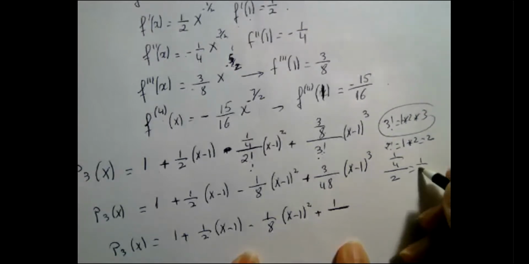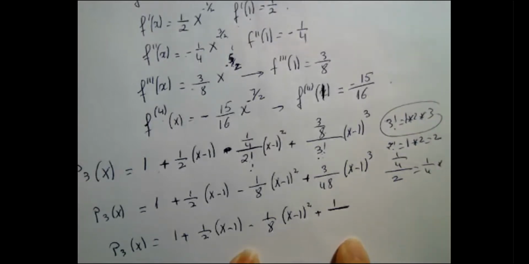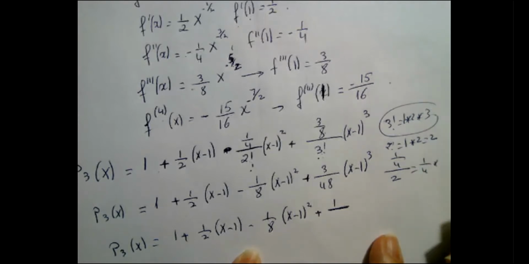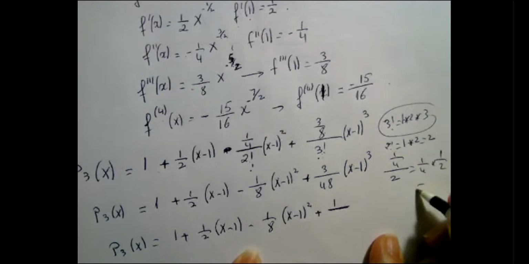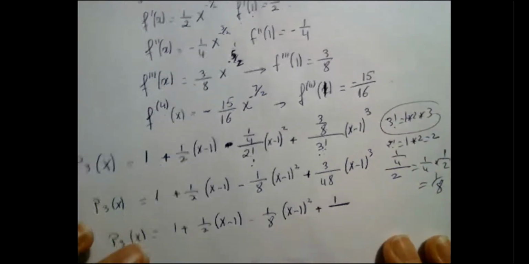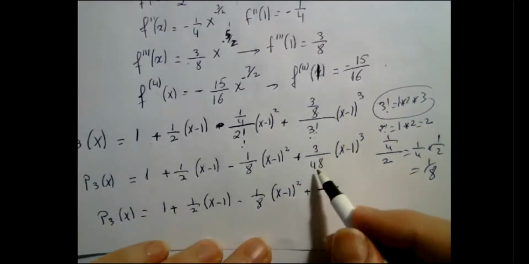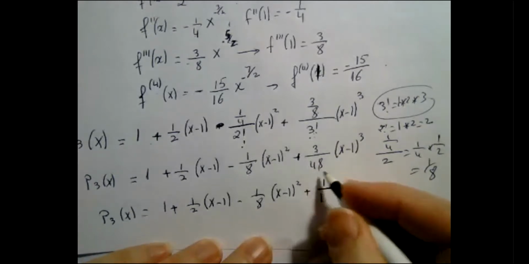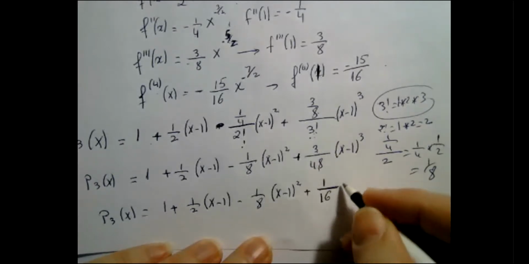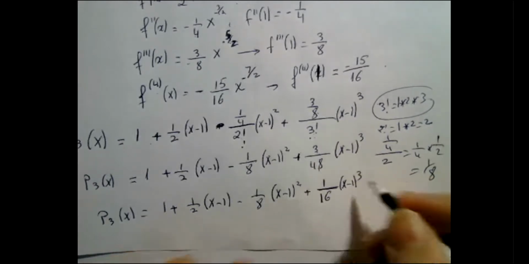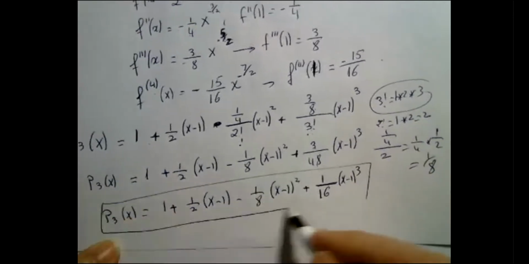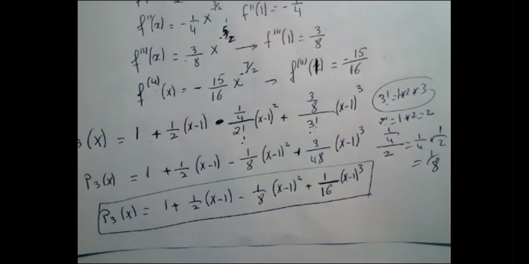So it's going to give me 1/4 divided by 2. All right, it's just algebra at this stage. And this will give me 3, and this is going to give me a 1, 6 (x minus 1) to the power 3. Okay, so that's the third degree.